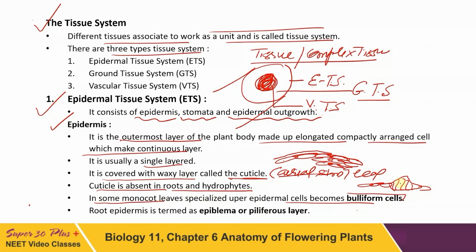These bulliform cells help in rolling of leaves. When there is scarcity of water, the leaf will be rolled up as the cells become flaccid. The root epidermis is better called the piliferous or epiblema layer. Is it right?